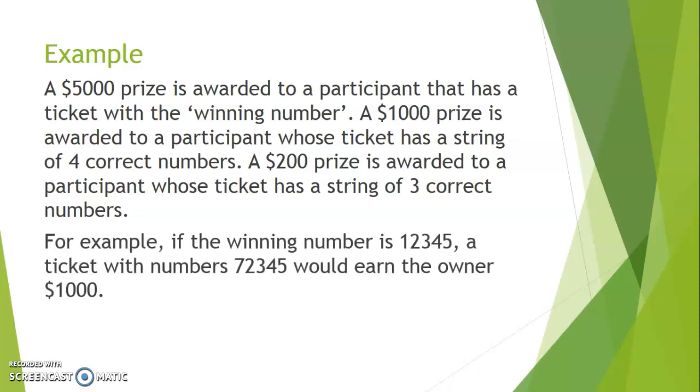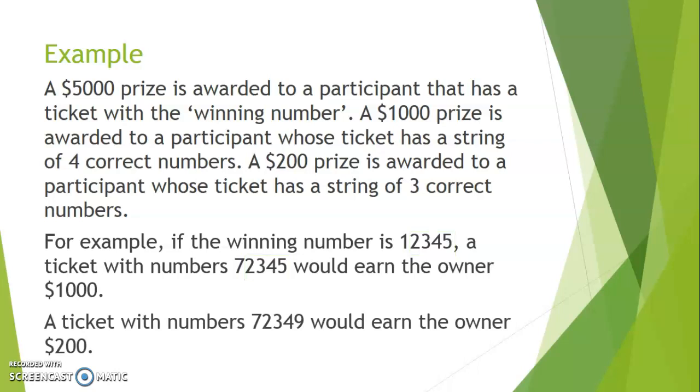For instance, if the winning number is 1, 2, 3, 4, 5, someone whose ticket has numbers 7, 2, 3, 4, 5 would earn $1,000 because he or she has a string of 4 correct numbers. A ticket with numbers 7, 2, 3, 4, 9 would earn $200 because this time we would have a string of 3 consecutive correct numbers. So those are the rules.